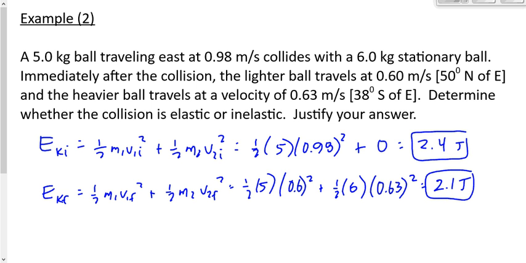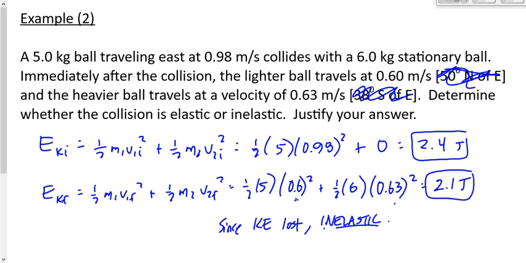Look, guys, 0.6 at 50 degrees north of east, who cares? Kinetic energy is a scalar. 0.63, who cares? Kinetic energy is a scalar. Momentum, sure, it matters. Kinetic energy doesn't matter because it's a scalar. Okay, elastic or inelastic? How do you know? Yeah, since kinetic energy is lost, it's inelastic.